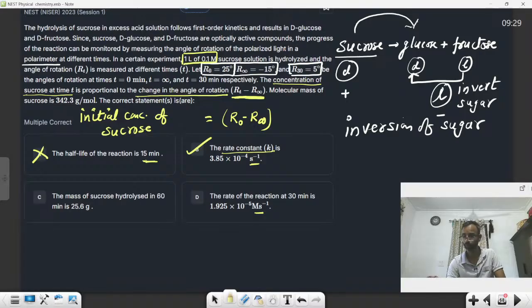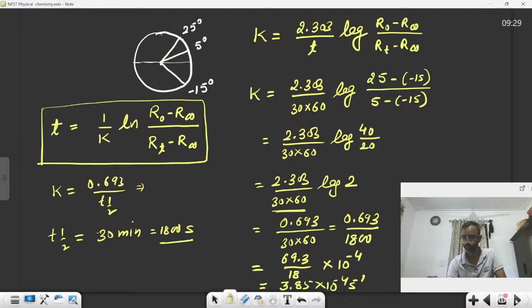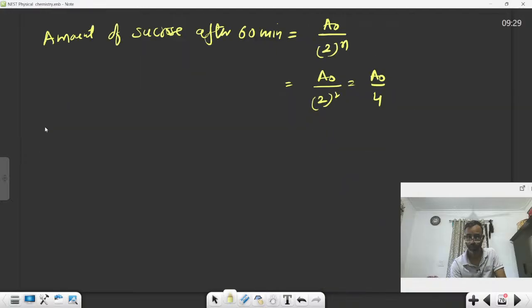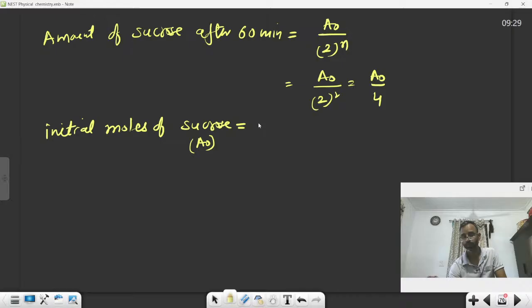How many moles of sucrose initially? That is A naught, molarity into volume in liter, 0.1.